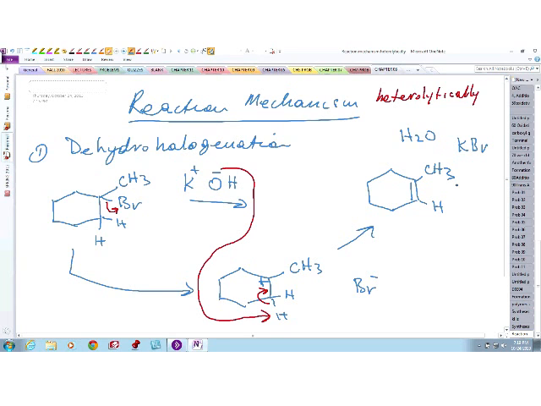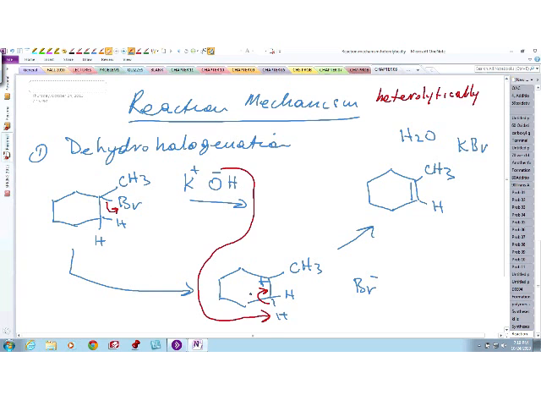So that is the mechanism for dehydrohalogenation, at least for this type of molecule, in which your starting material, the substrate, has the bromine attached to a tertiary carbon. When we get to some other types of substrate, then we'll give you another mechanism. That will be in chapter 11.